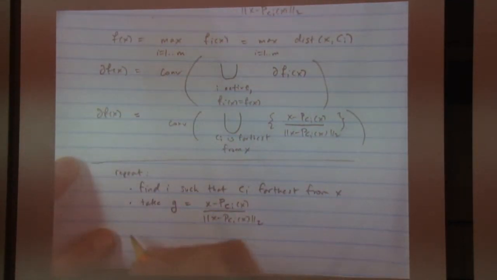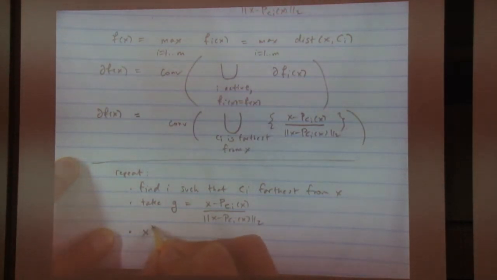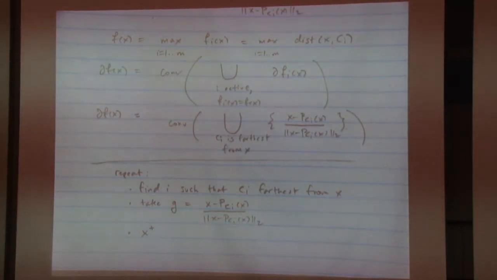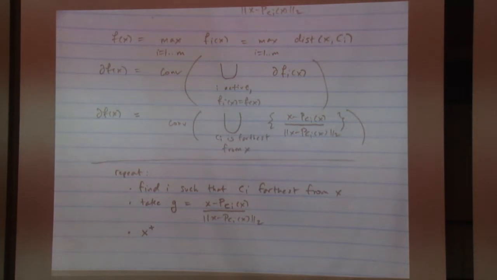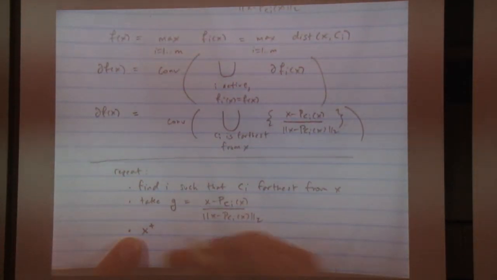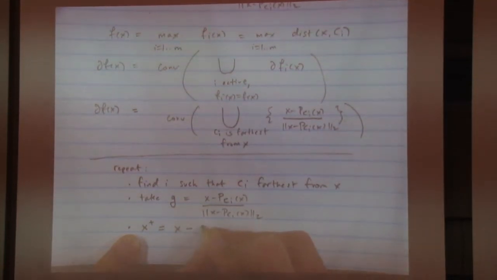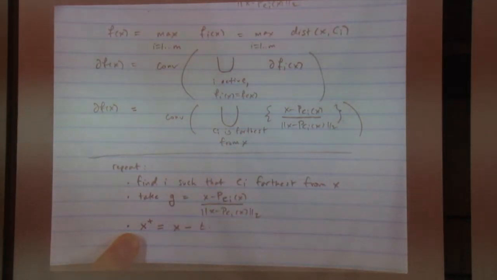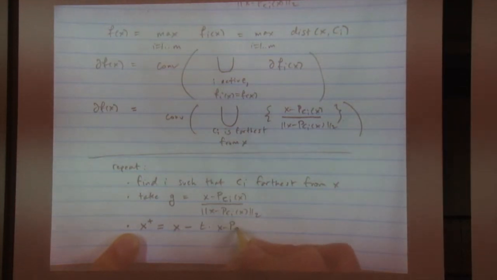So the subgradient method is going to perform the following update. I'm going to write x plus, which I often do, to denote the next value of x in our iteration. I just don't want to use the k notation because I think it's simpler to use this for this example. So I'll go back and forth between that. x plus is x, which is where we are, minus a small step size t times this subgradient.